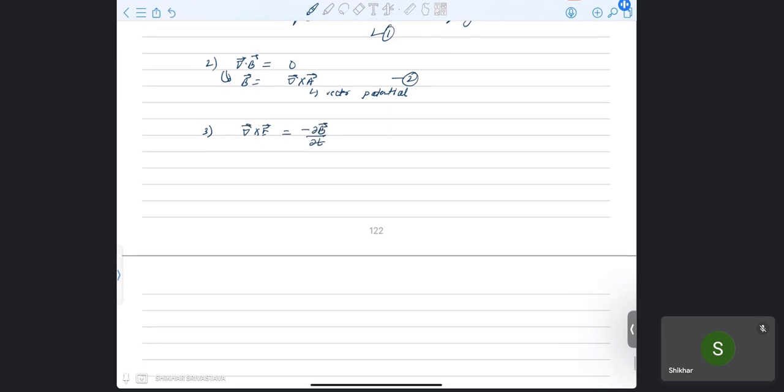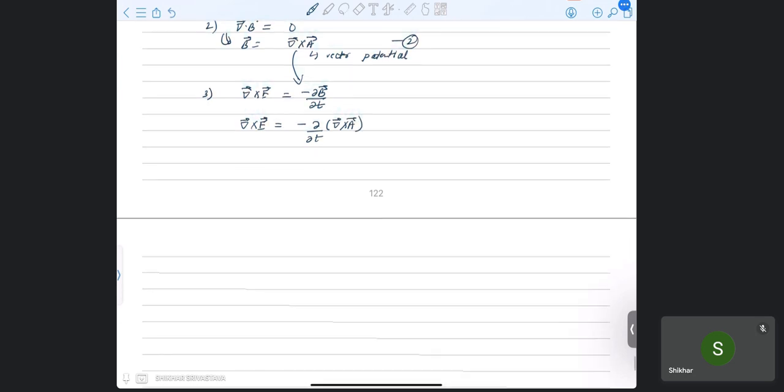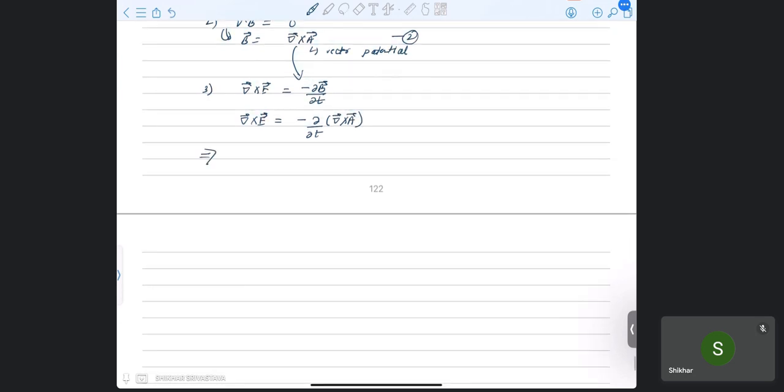So from here we can put it as curl of E is equal to minus del upon del t of del cross A, or what it will become is curl of E plus del A by del t is equal to 0.